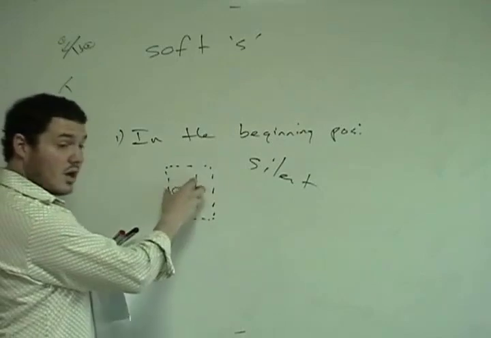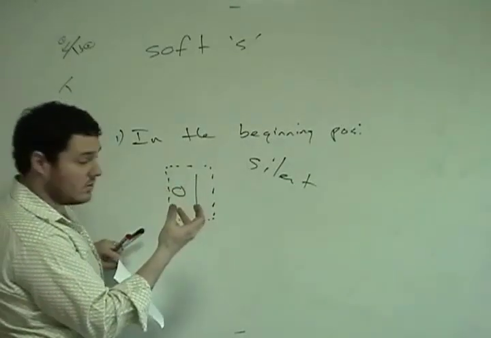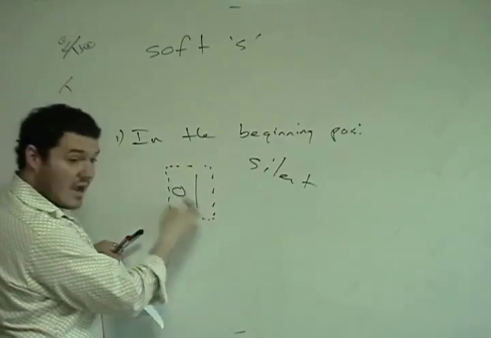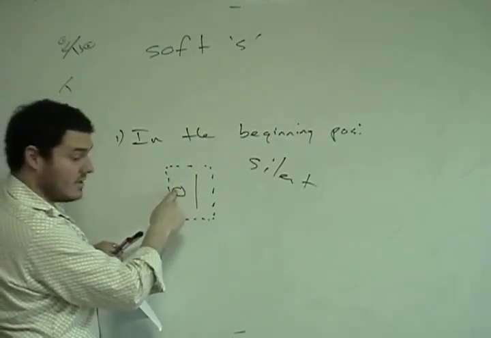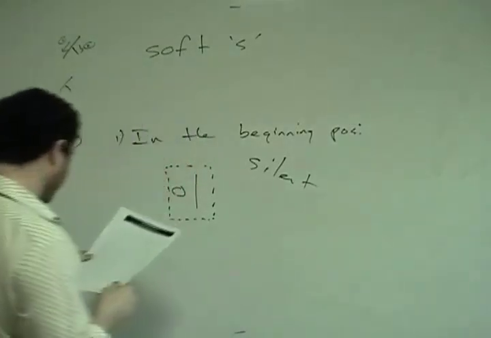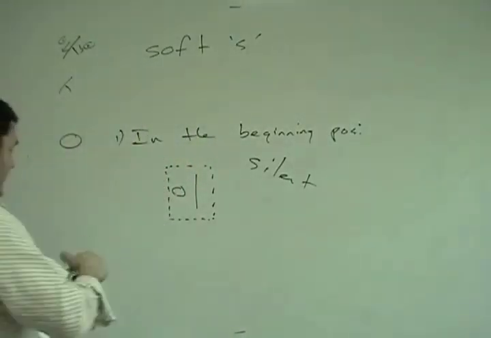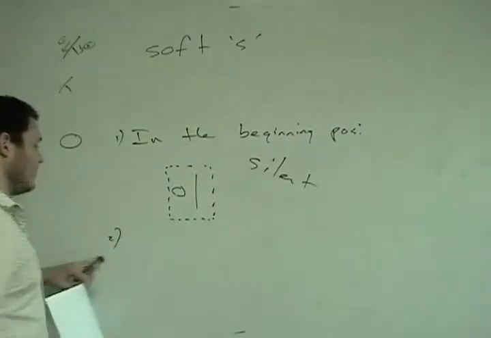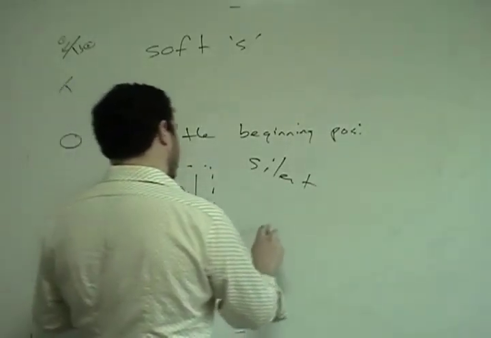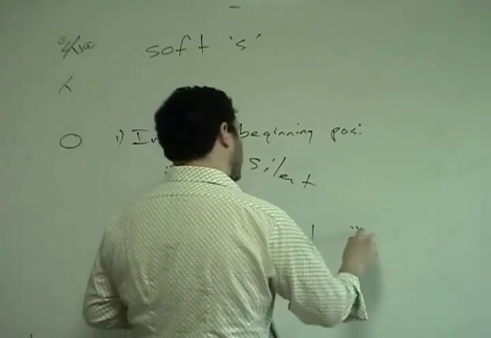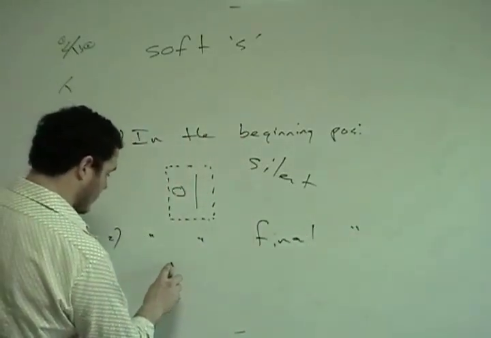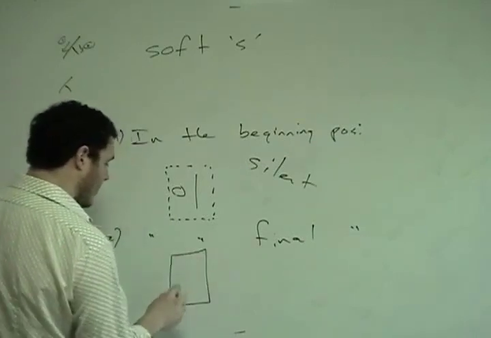So if you want a block just to be the sound of a vowel, as in this case just E, you have to write a consonant first. So you write this silent one. The second case is when it is in the final position of a block. Here's our block.